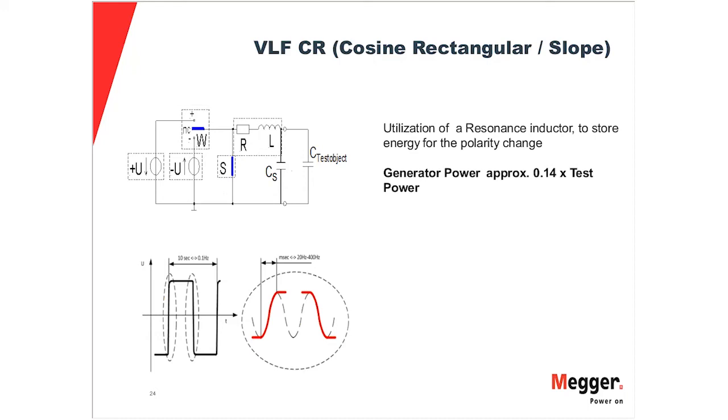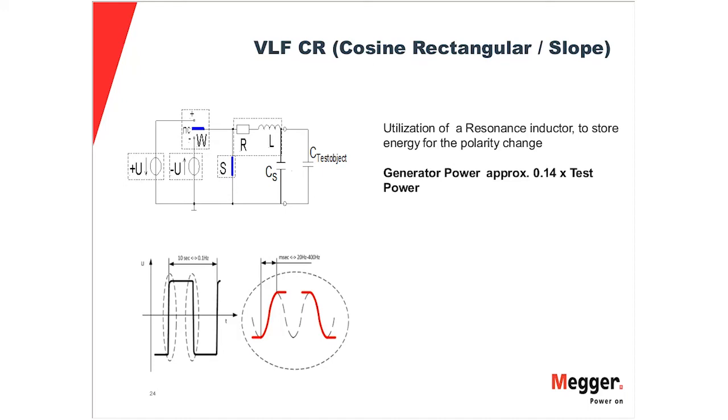Now, to be able to do partial discharge measurement, we need a sinusoidal waveform, so the cosine rectangular would not enable us to do partial discharge test. So we have slightly modified the whole circuit that in the slope time, that means in the transition from negative to positive or vice versa from positive to negative, we have modified the circuit.